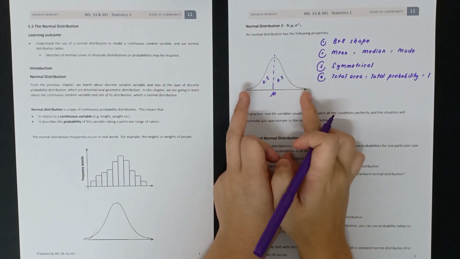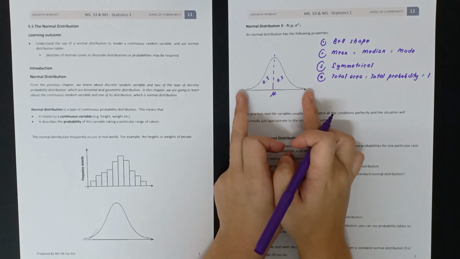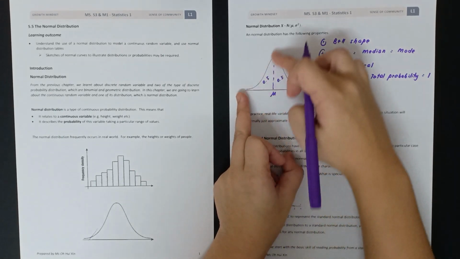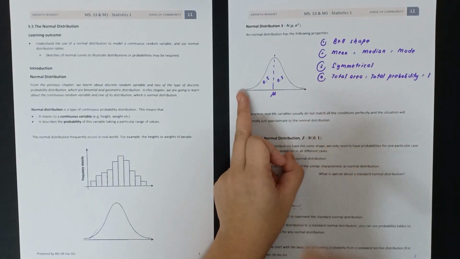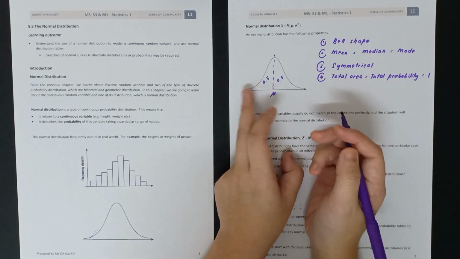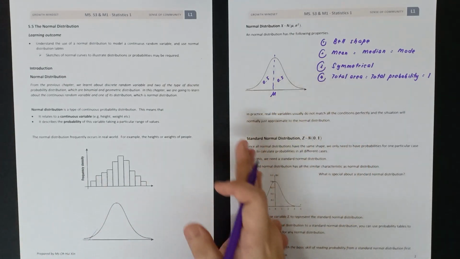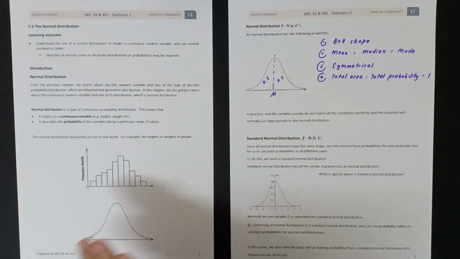So everyone falls under this. For 100 to 200 centimeters is my complete probability, which is 1. So maybe 50% of the people fall under 160 cm, then 50% of the people fall beyond 160 cm. So this is basically what it means.